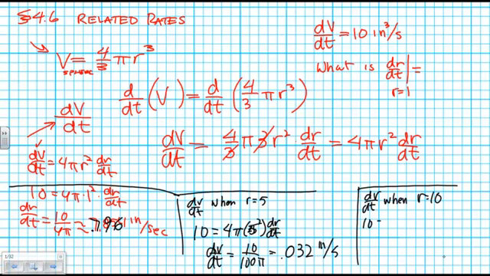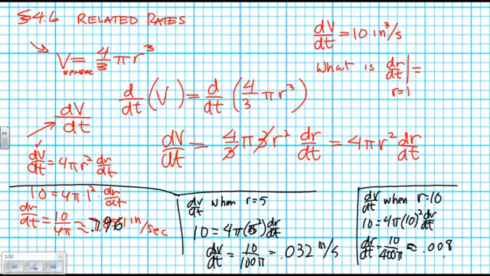That's going to be 10 is equal to 4 pi times 10 squared dr/dt, or dr/dt is equal to 10 over 400 pi, which is approximately 0.008, less than 100th of an inch per second.